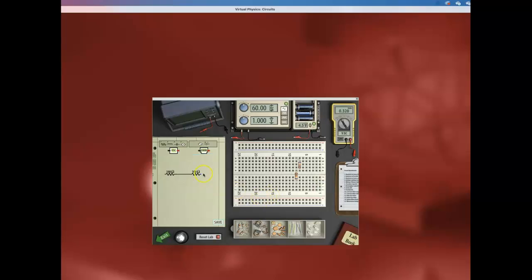And then here the second one is 220. All right, and then I will bring more wires.